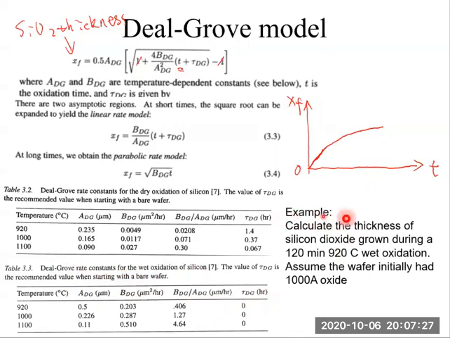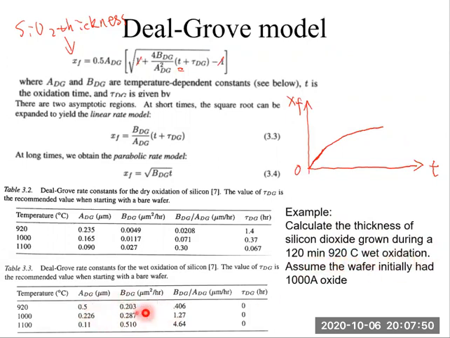Now let's consider this example. We know that this will be a homework problem, so here I give you some explanation. Let's calculate the thickness of silicon dioxide grown during 120 minutes of 920 degrees C wet oxidation.